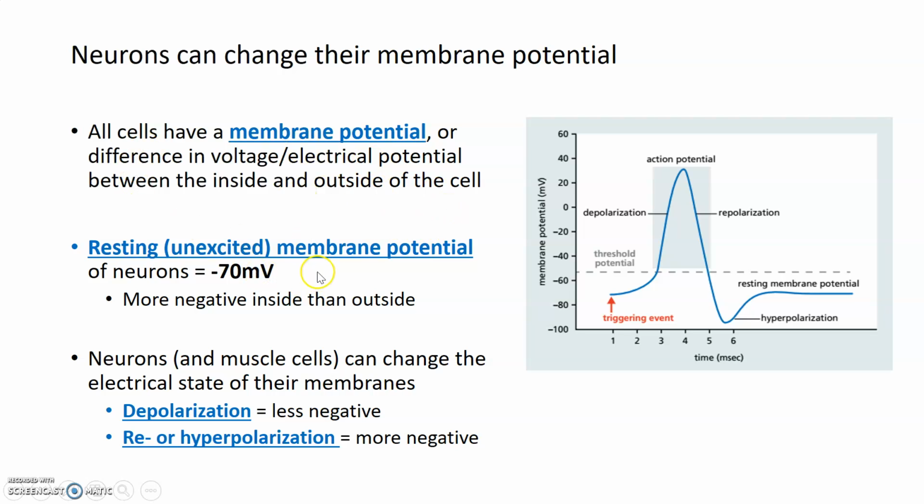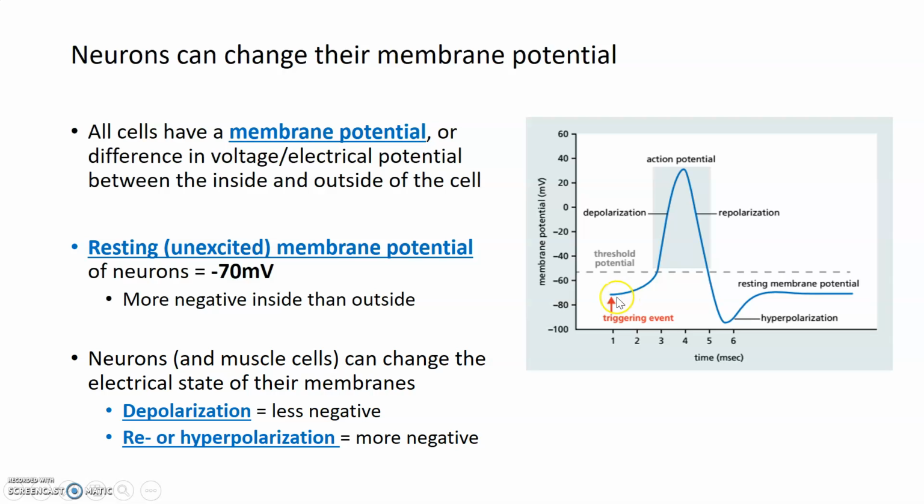And so the resting, or the unexcited, membrane potential of a neuron is somewhere around here at -70 millivolts, which is pretty negative, and that negative number means the neurons are more negative on the inside than they are on the outside.